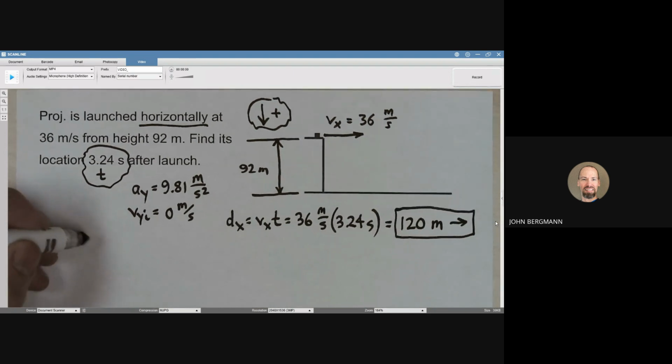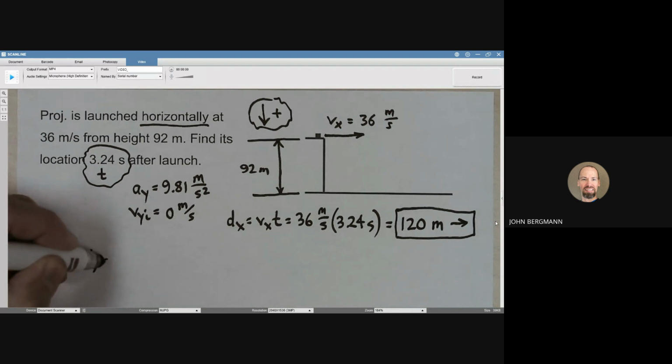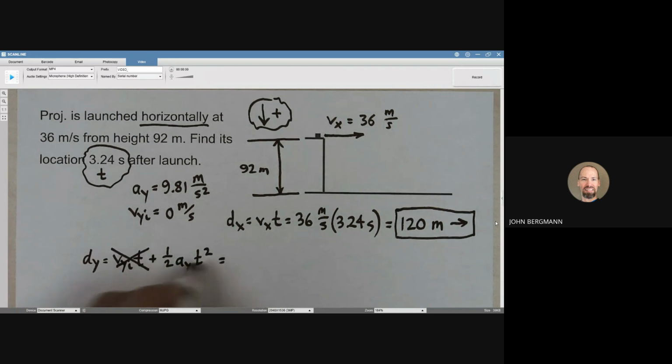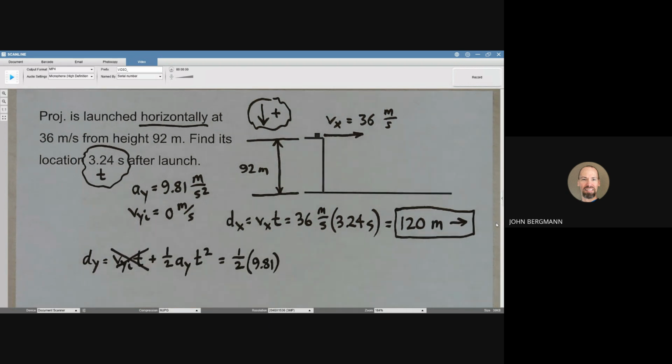What about dy? We have to use this equation. Vy initial times time plus 1/2 Ay time squared. Vy initial we said was 0, so that term goes away. 1/2. Now, for this case, we said downward is positive, so 9.81 is positive.